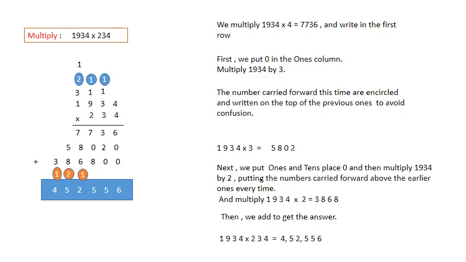So when we multiplied 1934 by 234, we are getting here 4,52,556.